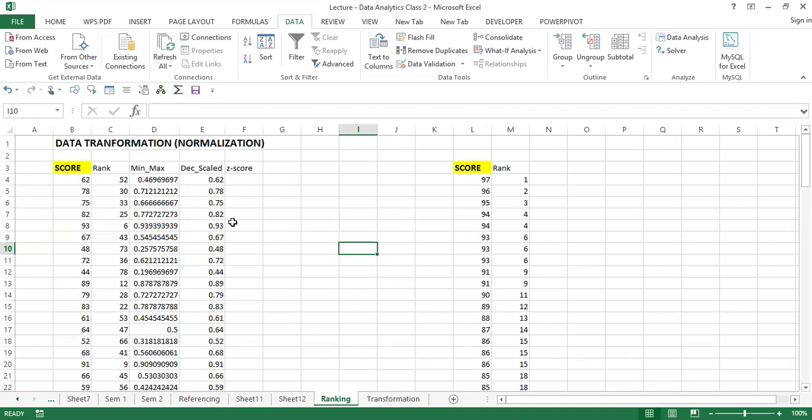Otherwise, you won't get accurate results. Is the question answered? Is it clear?